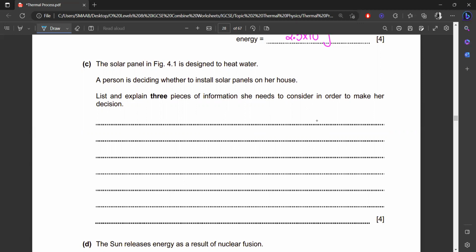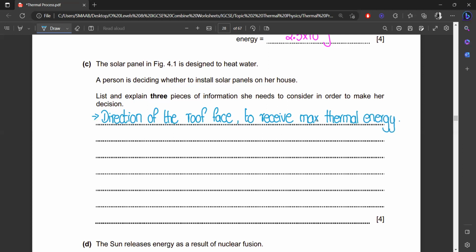So first of all, the important feature is to check the direction of the roof face to receive maximum thermal energy. So that is important.